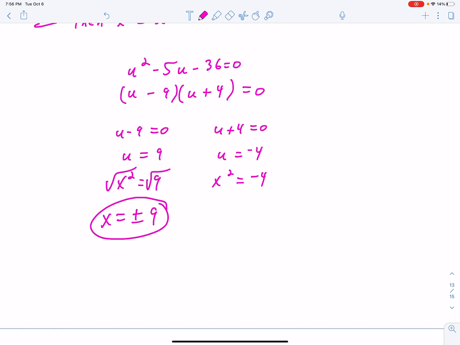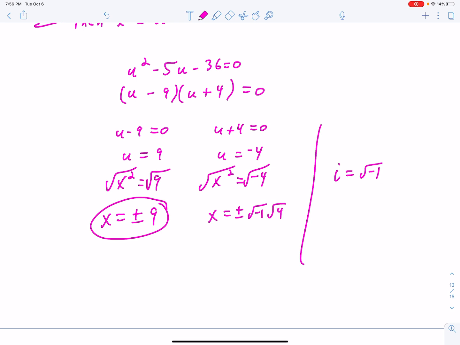Now this one, be careful. We're going to square root both sides, but remember how we said we can't do the square root of a negative number, but then later we talked about imaginary numbers. So this is side information: i equals the square root of negative 1. We'll rewrite that as plus or minus the square root of negative 1 times the square root of 4.